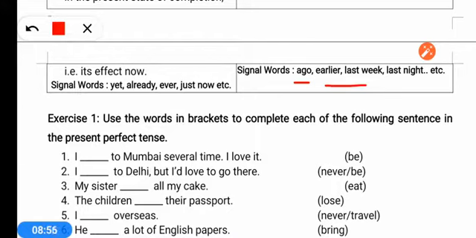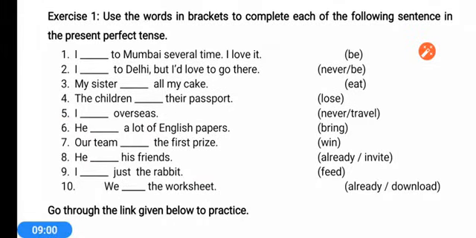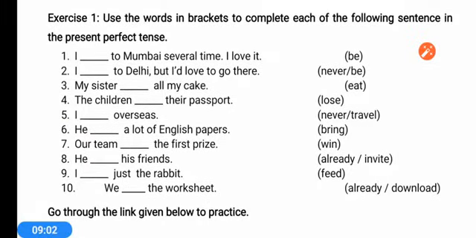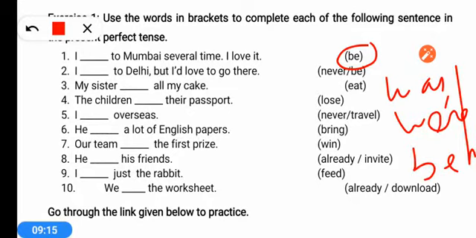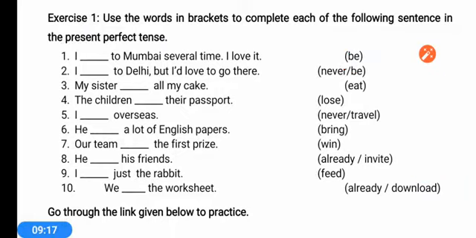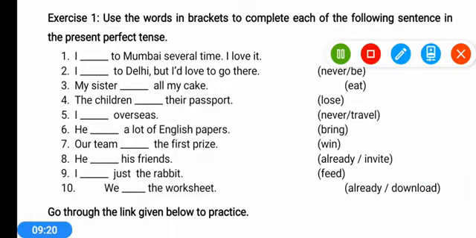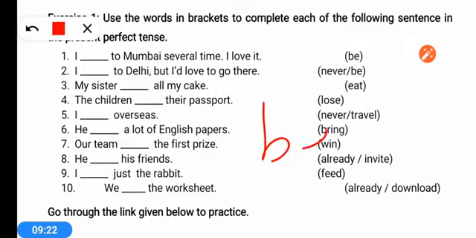One exercise I have taken only. It's a very small one and easy one also, you will understand better. Here I told you that for the be verb, be is the first form, was and were is the second form, and been is the third form. So in perfect tense you have to use been, B-E-E-N, the third form of be.